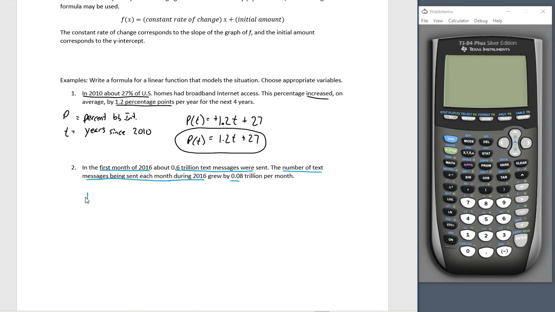Let's let T be text messages sent in trillions. And this is changing each month.